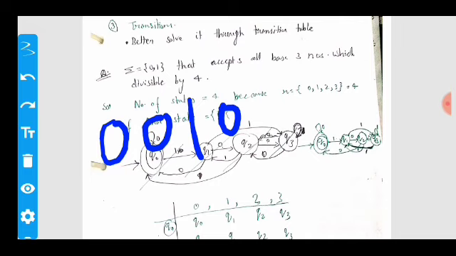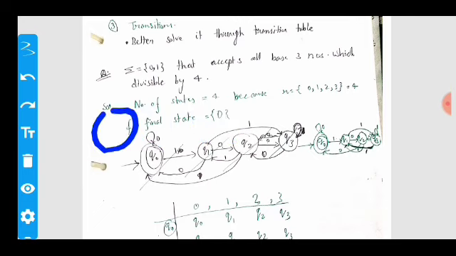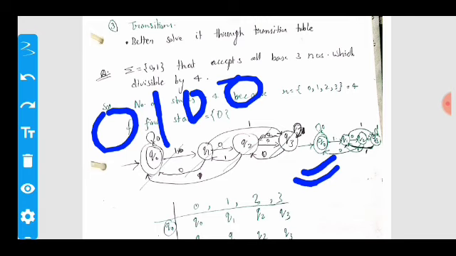When we give 0, 0, 1, 1, it goes to the Q3 state. When we give 4, meaning 0, 1, 0, 0, it comes to your initial state because 4 is divisible by 4, so it gives the remainder 0, and it comes to your initial state Q0.